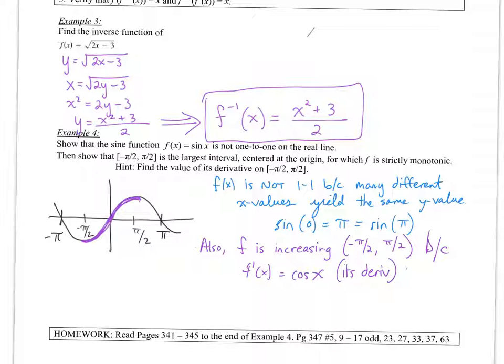And its derivative is positive there, but only on that restricted domain. Okay? And then finally, you could say that the left and right endpoints correspond to relative extrema.